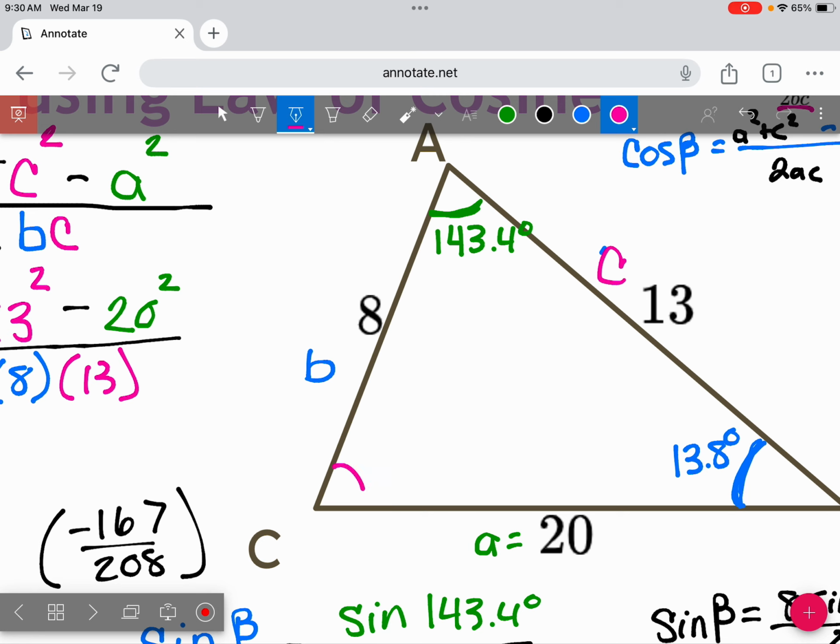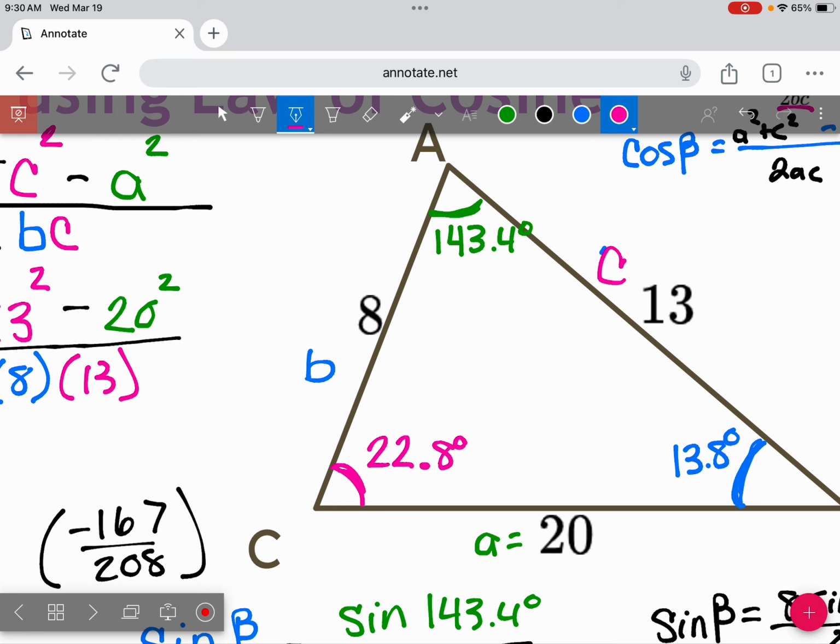Which means what's angle gamma? 23.6? 22.8? I am going to double check you now because we've had too many answers. And I didn't have it written down. We get 22.8.